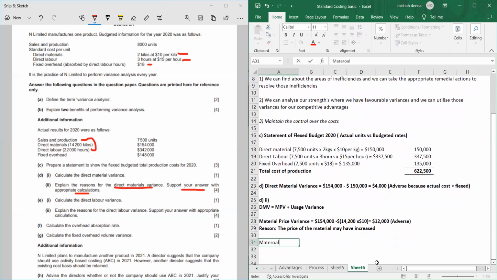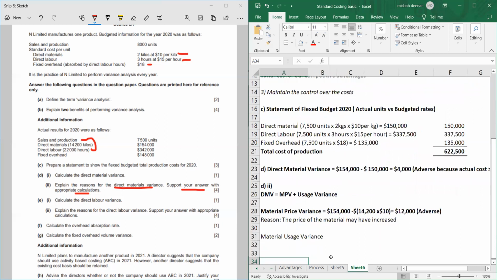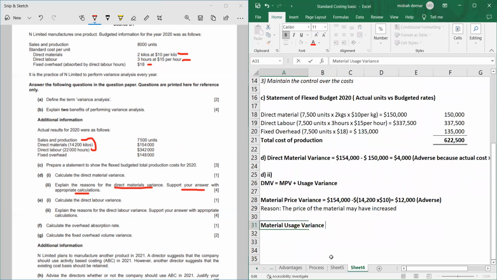Then moving on to material usage variance. So how many were budgeted? See, 7,500 units, and we budgeted that we would use 2 kilos. So multiply by 2 kgs.